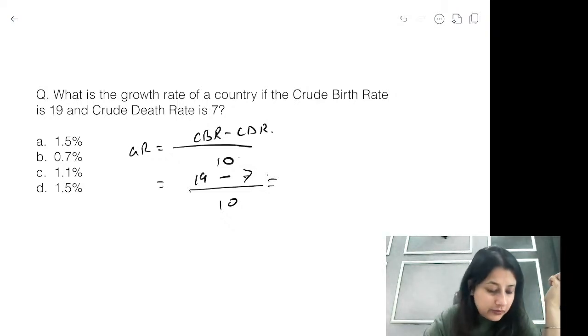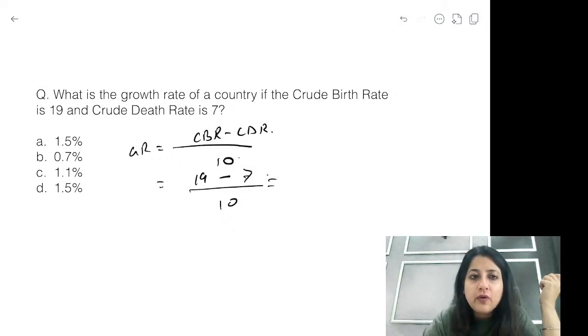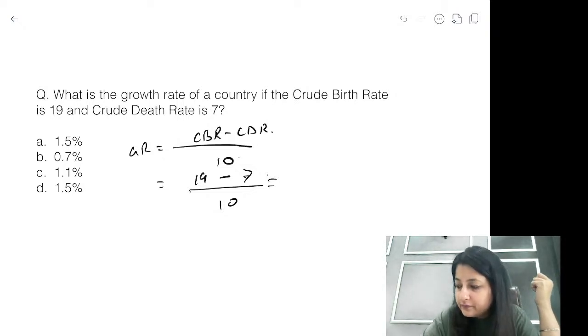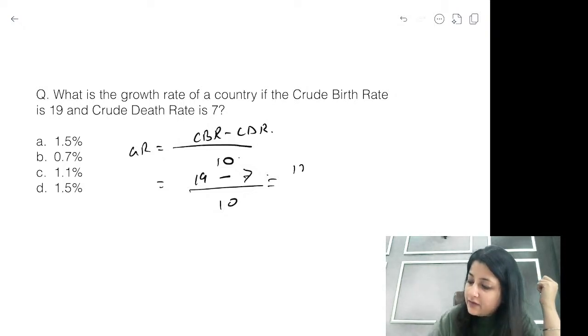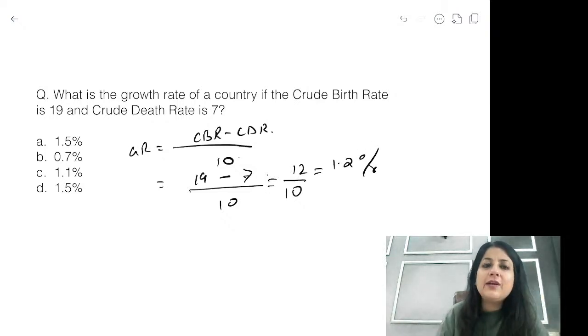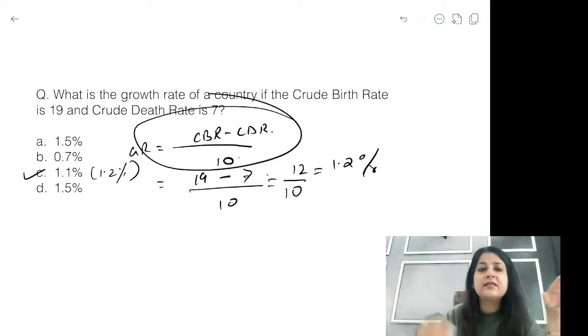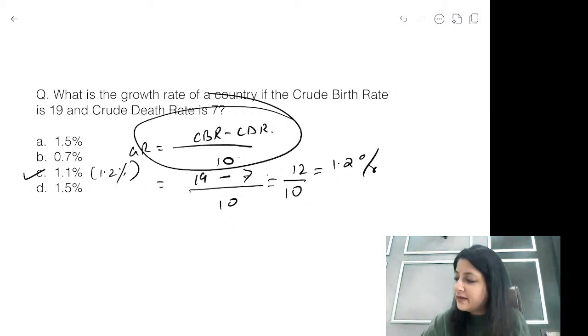So this will come to 12 upon 10, so 1.2%. Now ideally we don't have the nearest value. 1.2 exactly is not there, so the nearest is 1.1, okay, 1.2%. Just remember this: CBR minus CDR divided by 10.